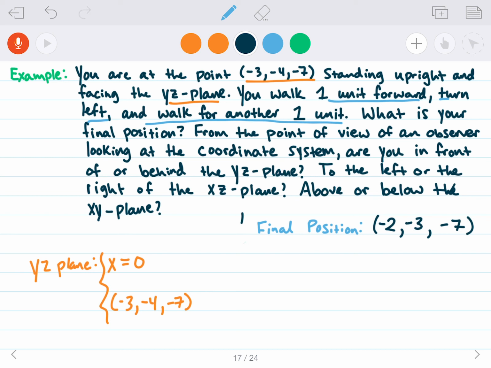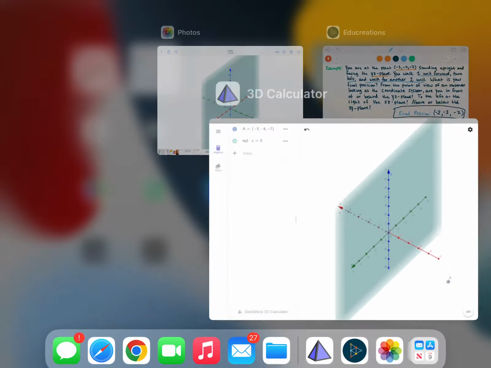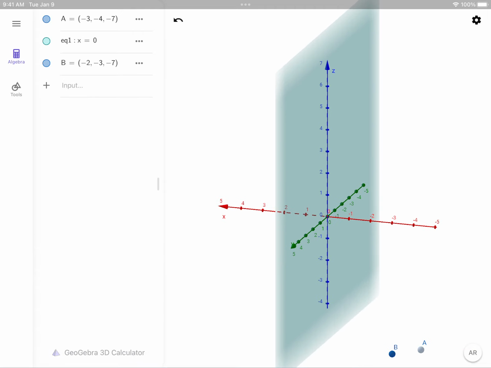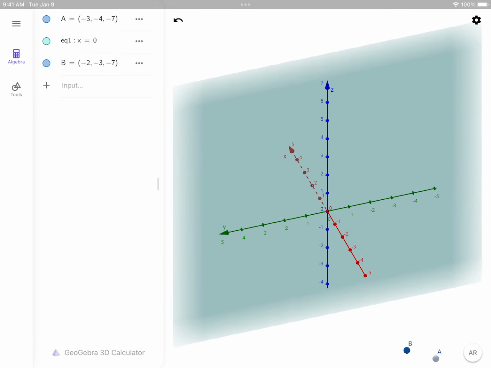So our final position is at -2, -3, -7. So let's plot that. Okay. All right, so that is position B.